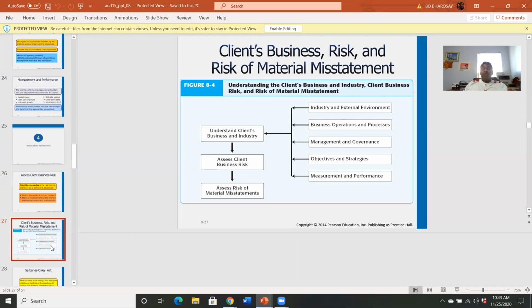Well, because of COVID-19, they may not make that 20% net income. If management performance is tied to net income, they may be willing to inflate the financials. So there may be a risk of material misstatement.